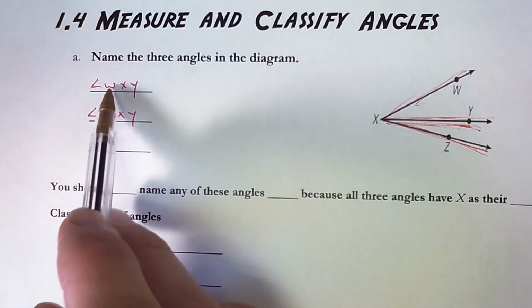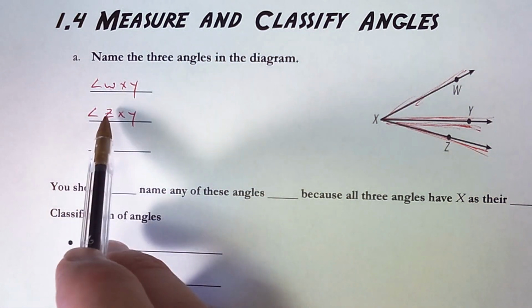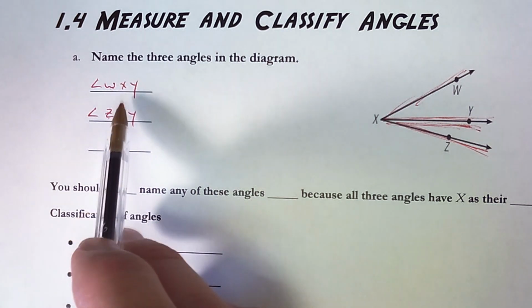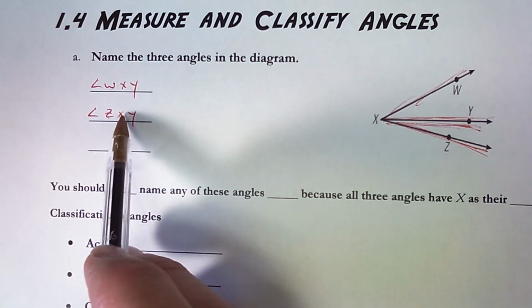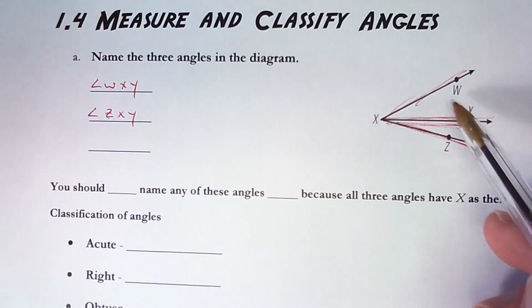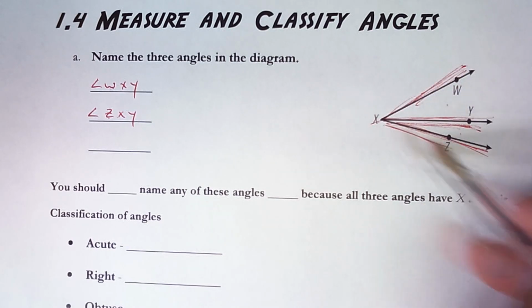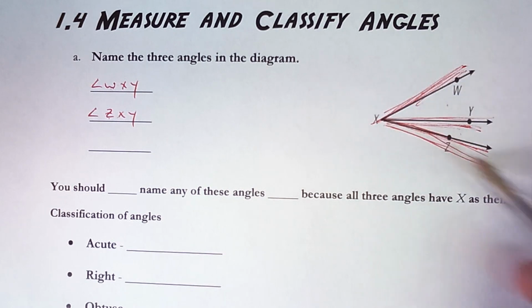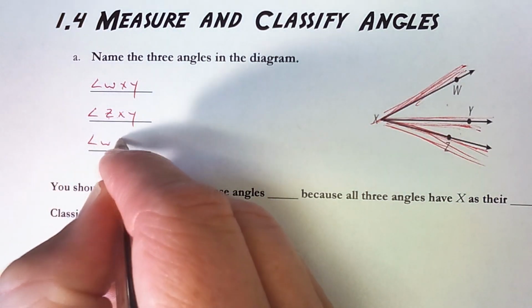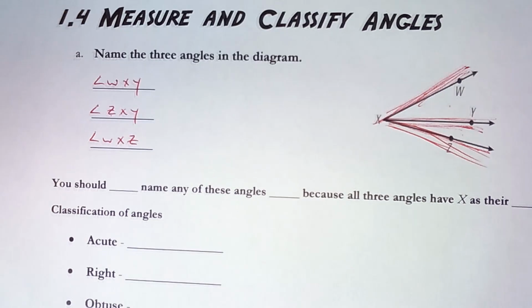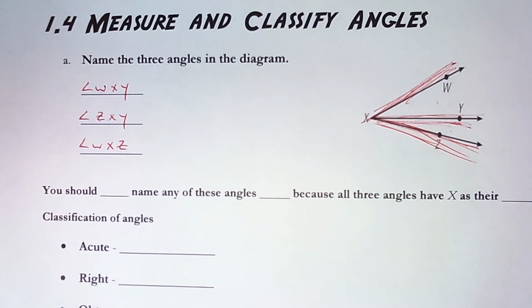Now, of course, I can turn these names around. YXW, YXZ, but I have to put X in the middle because that's the vertex. Okay, so that's the top angle and then the bottom angle, but then I've also got this outside angle, WXZ, angle WXZ, or angle ZXW. Those are 3 different angles within that one picture.